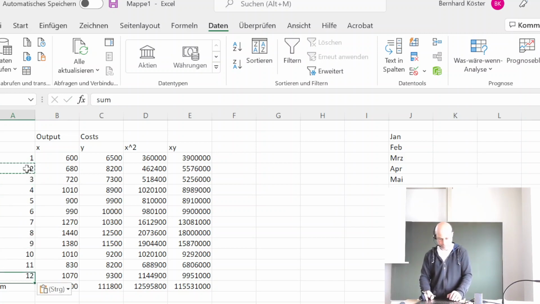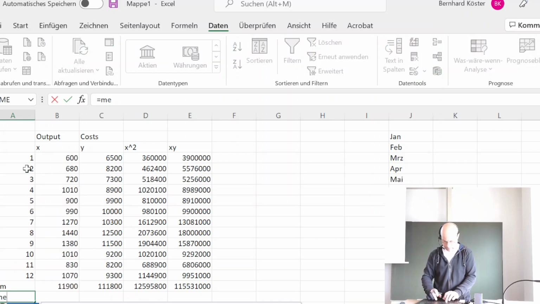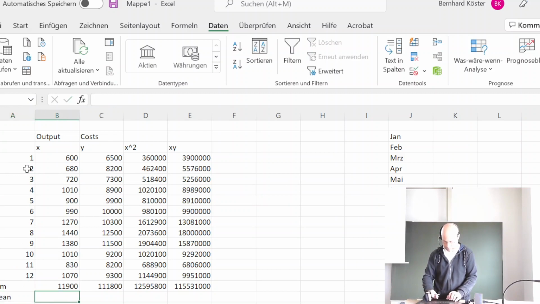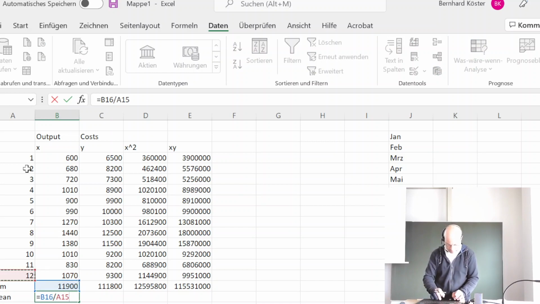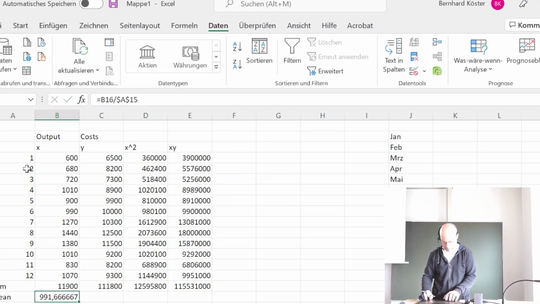So from this we obtain the means. This divided by 12, and this has to be fixed with dollar signs.